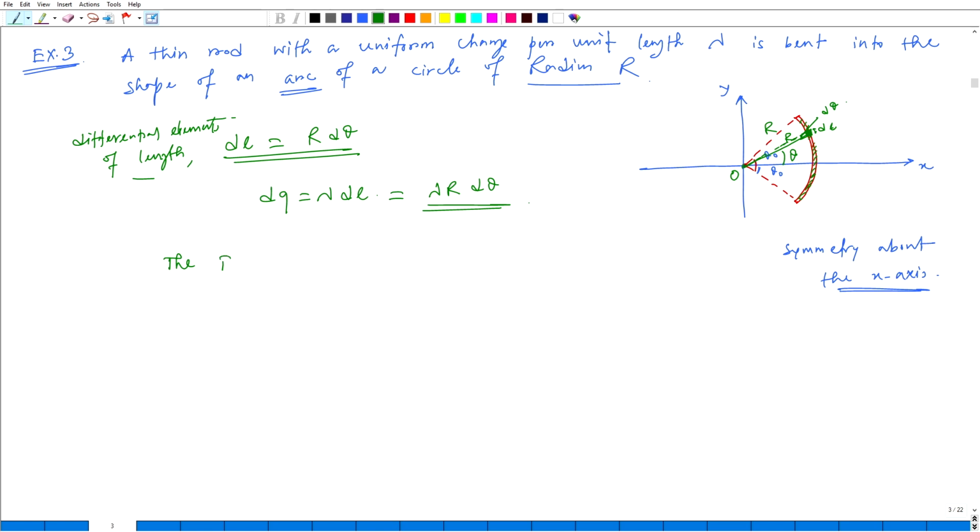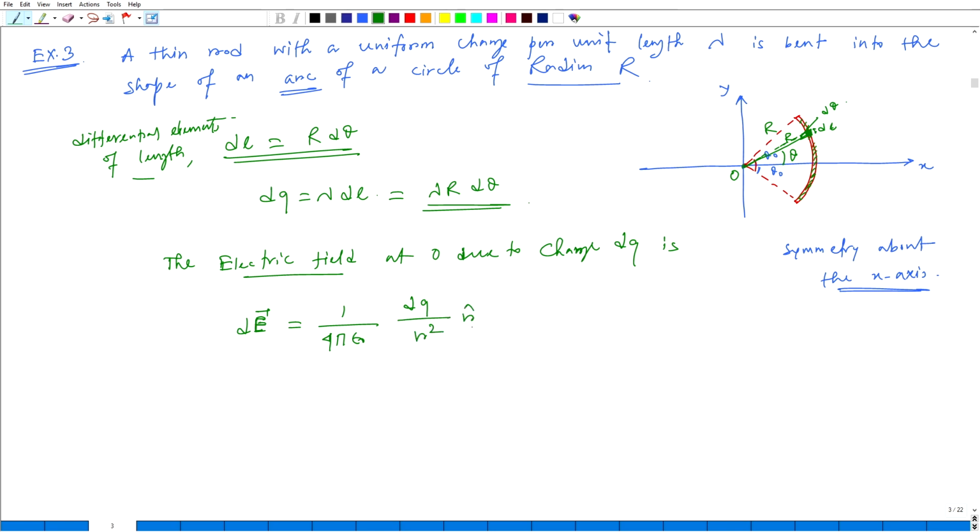So the electric field at O, the origin, due to charge dq, dE, again the differential, equals 1 over 4 pi epsilon naught dq over r squared times r cap.